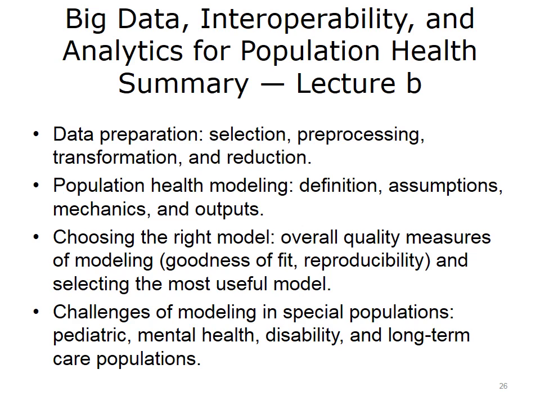Choosing the right model by measuring the overall quality of a model, including its goodness of fit and reproducibility, as well as selecting the most useful model. And finally, the challenges of modeling in special populations, such as the pediatric population and populations with mental health, disability, or long-term care issues.